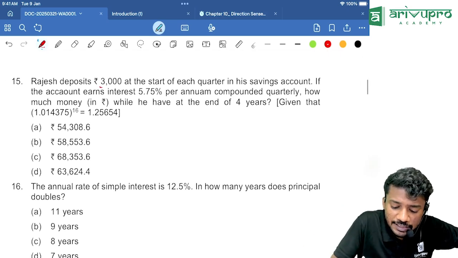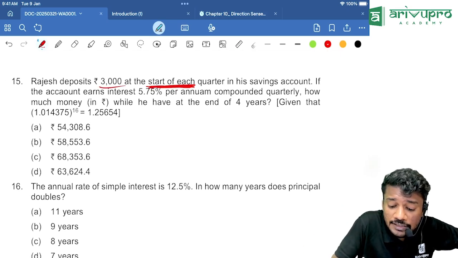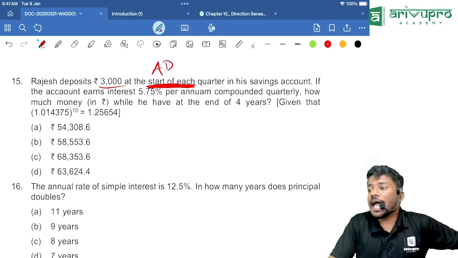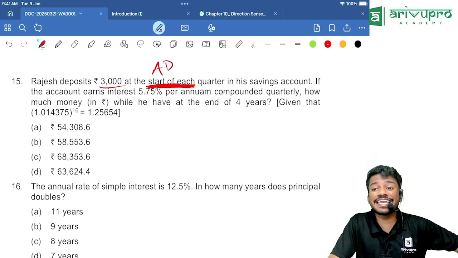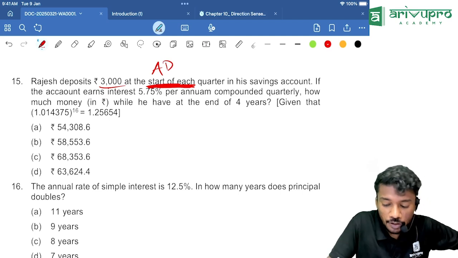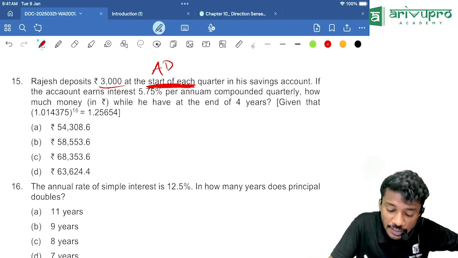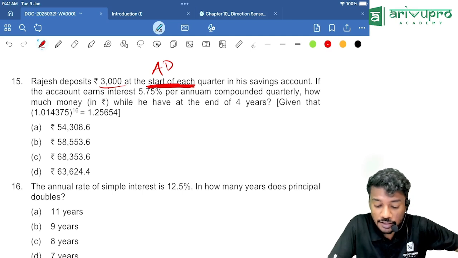Rajesh deposits 3000 at the start, start means annuity due, each quarter in his savings account. So he is depositing 3000 at the start of each quarter.